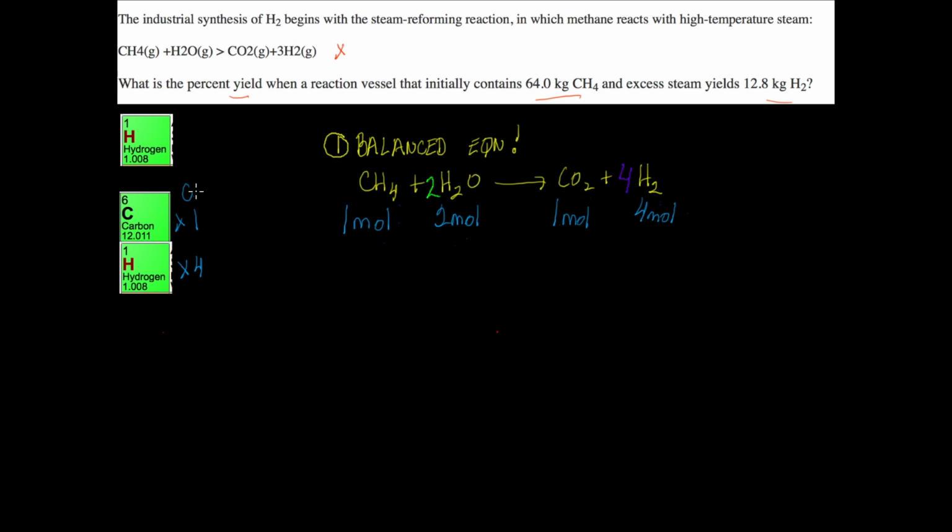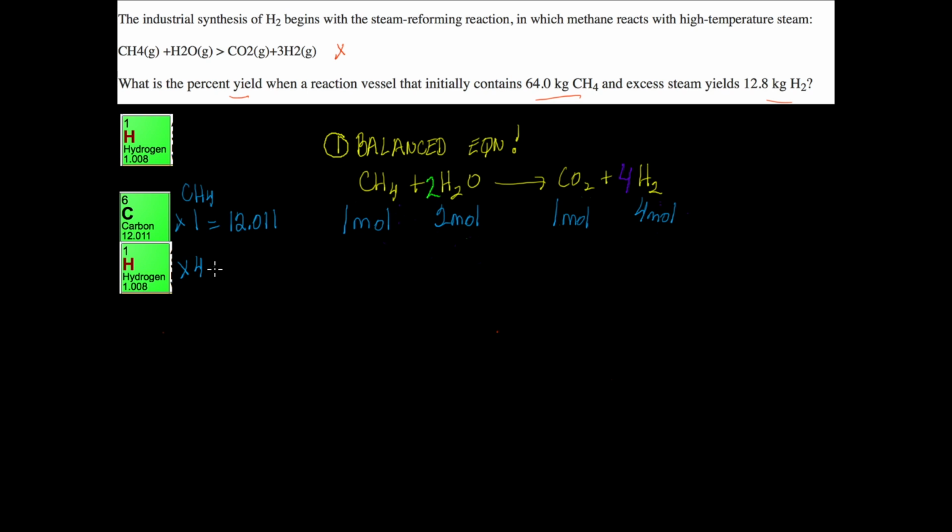Okay, and so what you do is you take these numbers from the periodic table and you multiply them by the subscripts in your chemical formula. So that's why we're multiplying carbon by 12.011 by 1. And we're multiplying the hydrogen number here on the periodic table by 4.